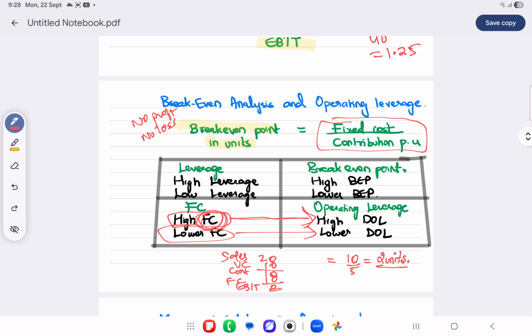Now, when there is high operating leverage, when there is high fixed cost, there will be higher BEP. Lower fixed cost will be lower BEP. So, can we say higher operating leverage means higher BEP, lower operating leverage means lower BEP?